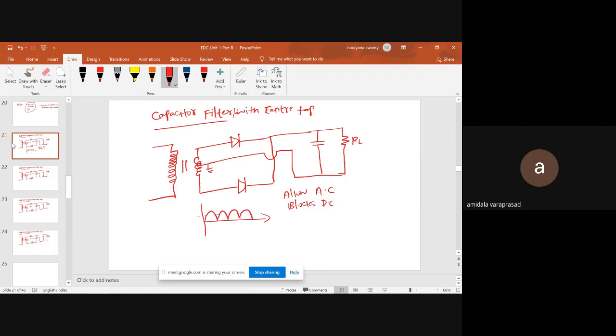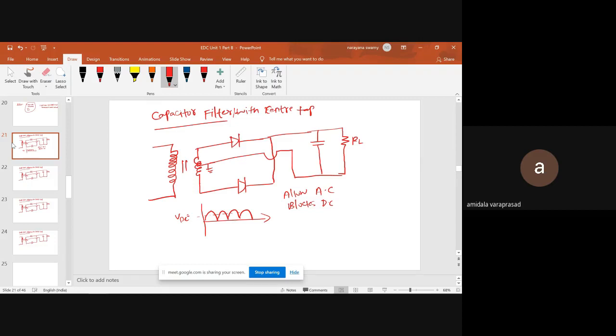We already know the DC portion: VDC is equal to 2 Vm by pi, which is about 60%. You will get 60% of the DC.